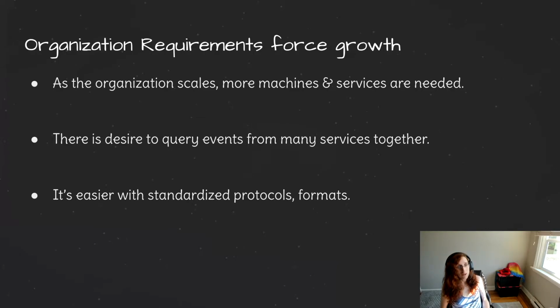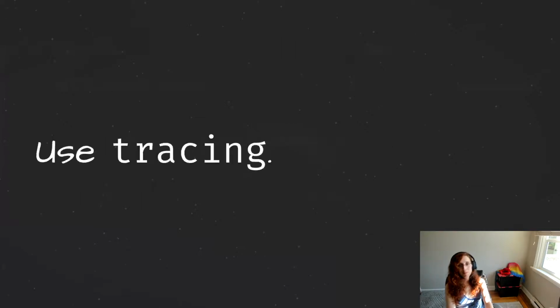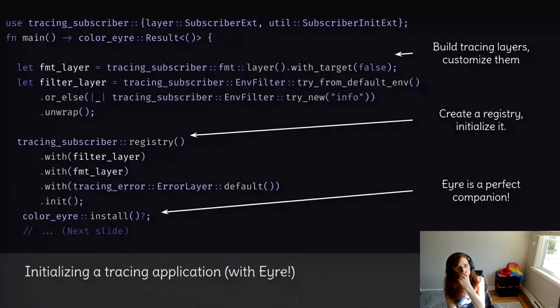So a good system is a flexible system that doesn't require you to constantly rework it every time you have some minor technology change. So my suggestion is that you use tracing. It's a really good crate, and I think a lot of folks who have used it in production have had good success stories with it.